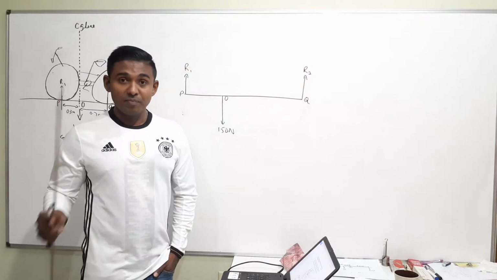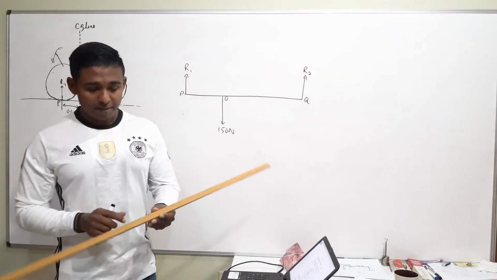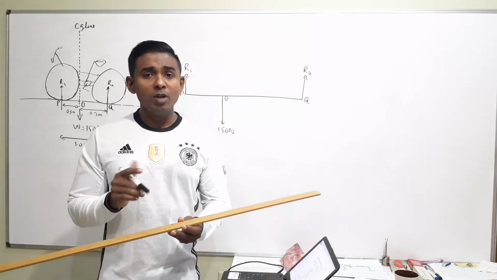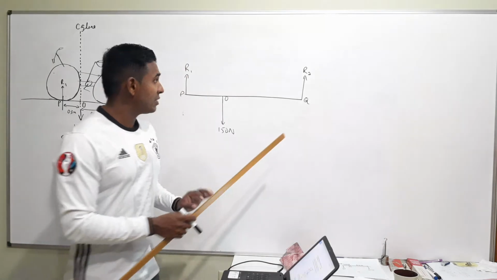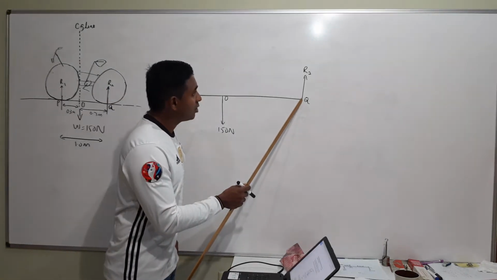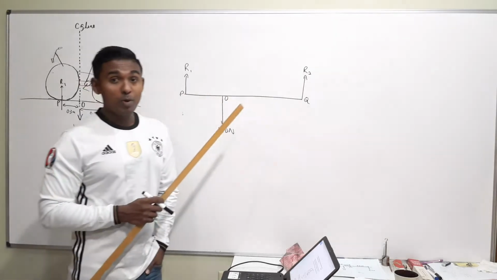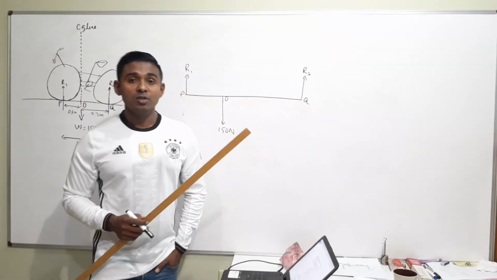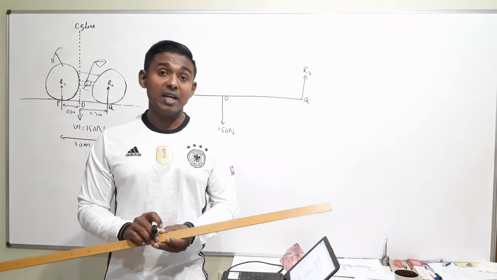Now, what we seem to not have here, of course, what we've been familiar with so far, is a pivot. And in moments questions, an object can pivot about many points. In fact, an object can pivot about point Q, point P, and in this case, it can pivot about point O. So wherever forces are acting, an object can pivot at that point.